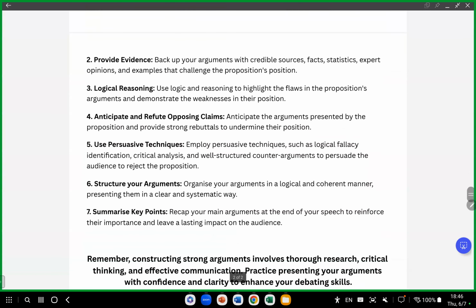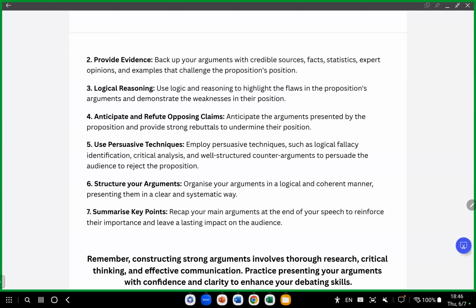Number two, provide evidence. So you need to back up your arguments with the same credible sources, facts, statistics, expert opinions, and examples, except you need to get evidence that's going to challenge the motion.